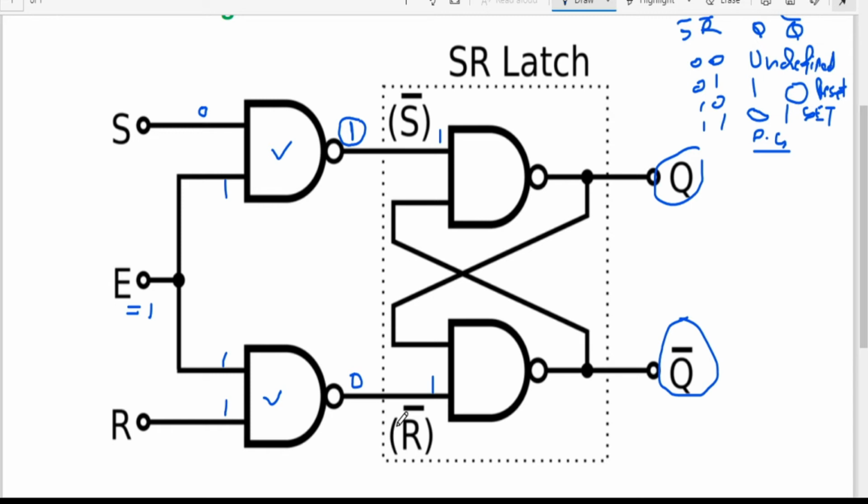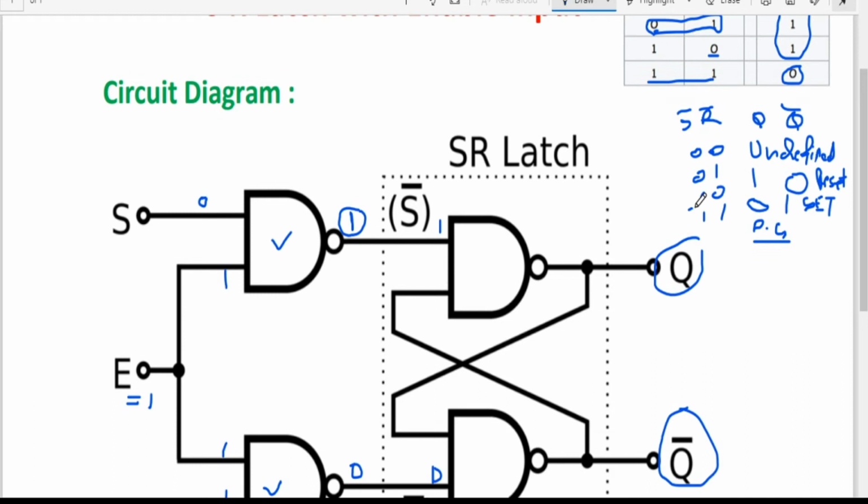So what will happen here? S bar is 1 and R bar is going to be 0. See here, when S bar is 1 and R bar is 0, we are going to set the flip flop.